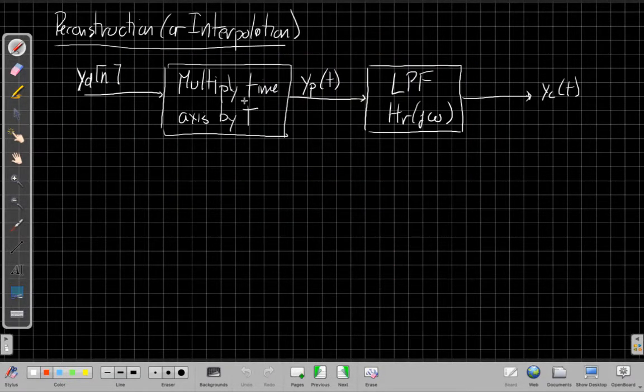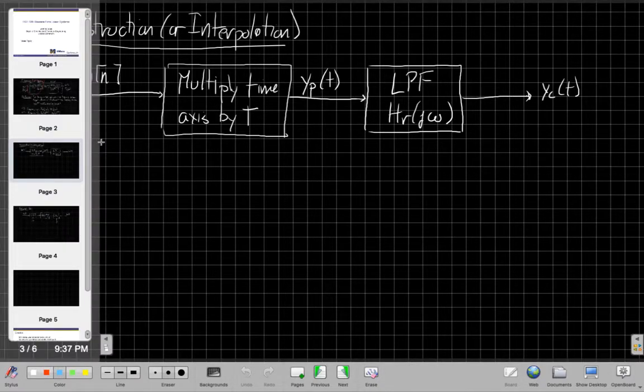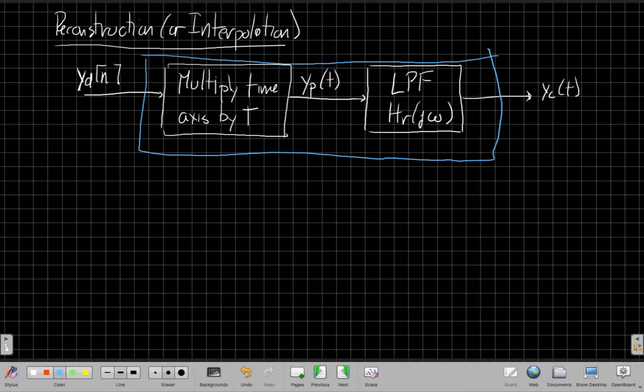So again, the reconstruction filter, this is what is inside that box that says D to C. That wasn't the button I wanted. But all this is happening inside the box that says D to C on that original diagram. And so again, it's having T fed into it. And there's two real steps. You multiply the time axis by T to get back to the pulse train signal.